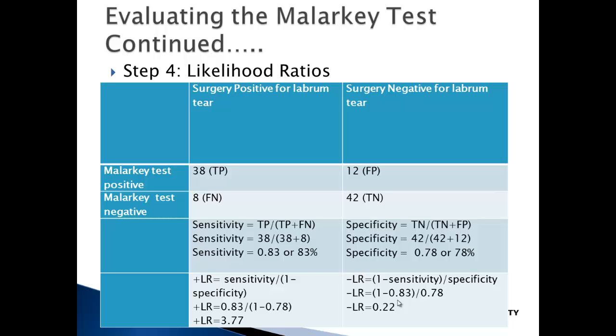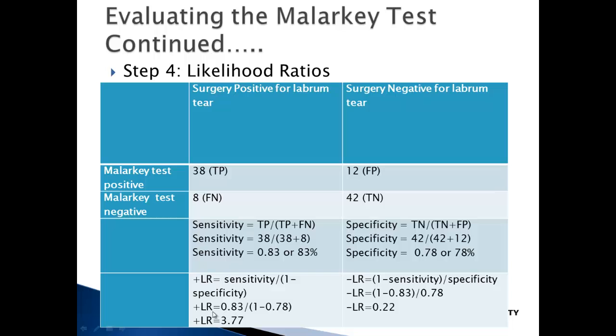So let's go ahead and go through the calculations here, and we'll talk a little bit more about how to interpret these. So let's do the positive likelihood ratio first. And so the formula here is the sensitivity value divided by 1 minus the specificity value. So our sensitivity value was 0.83 and our specificity value was 0.78.